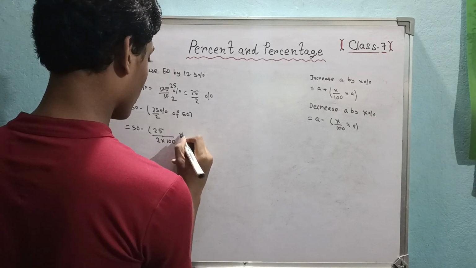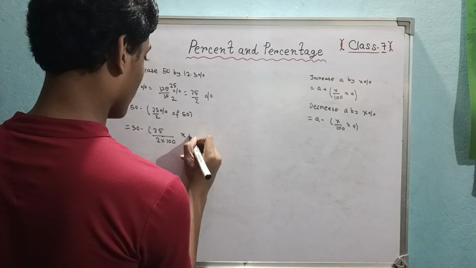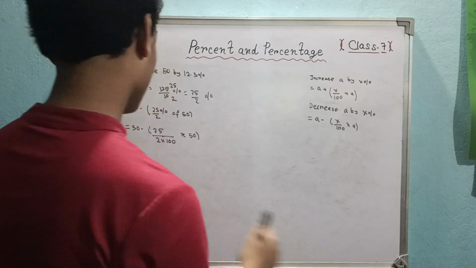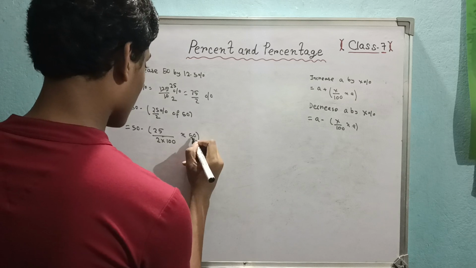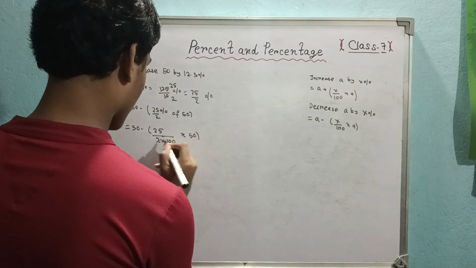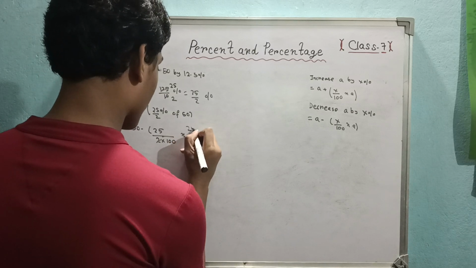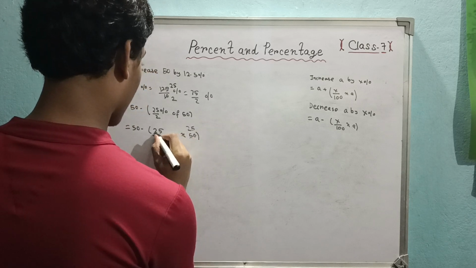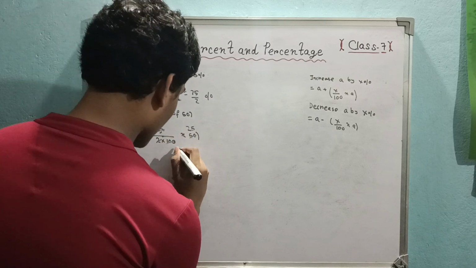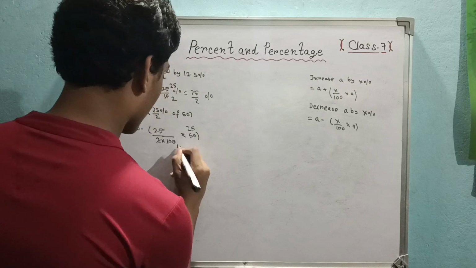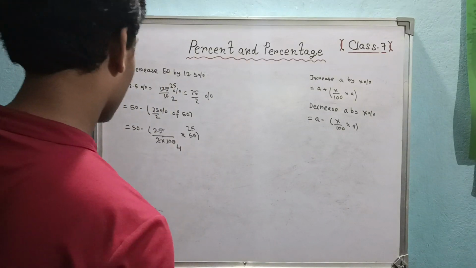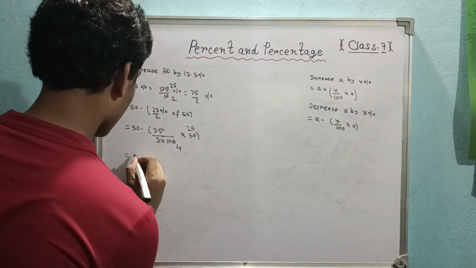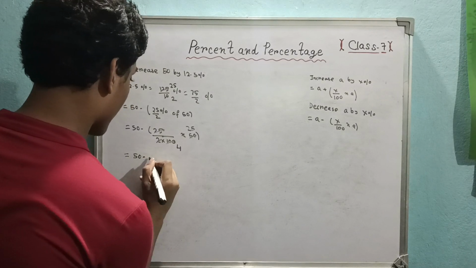Of means multiply, into 50. Let's do simple division. We have here 100. So here we go. We have 2, here 25. Here this gets cancelled. 4. So 25 by 4. 50 minus 25 by 4. This turns out to be 50 minus 25 by 4.